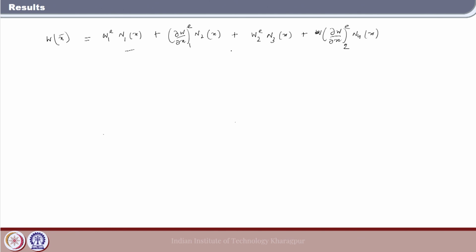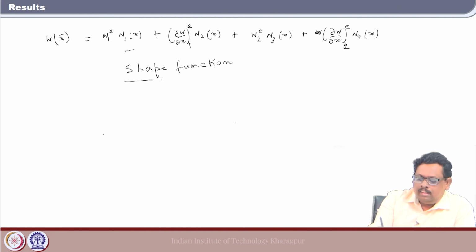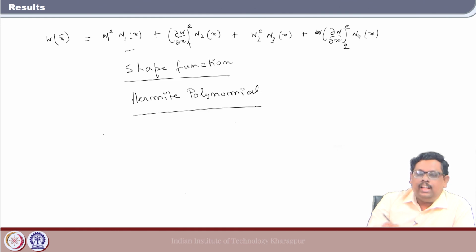And this n 1, n 2, n 3 is called the shape function. People sometimes call it a Hermite polynomial as well.